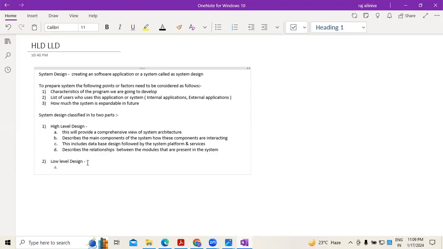Now, when it comes to the low-level design, what does it consist of? Normally, low-level design details the description of every module of the system or application that we are about to develop.